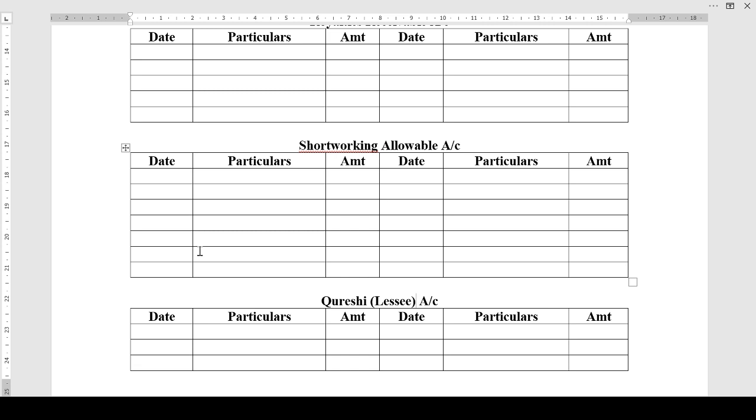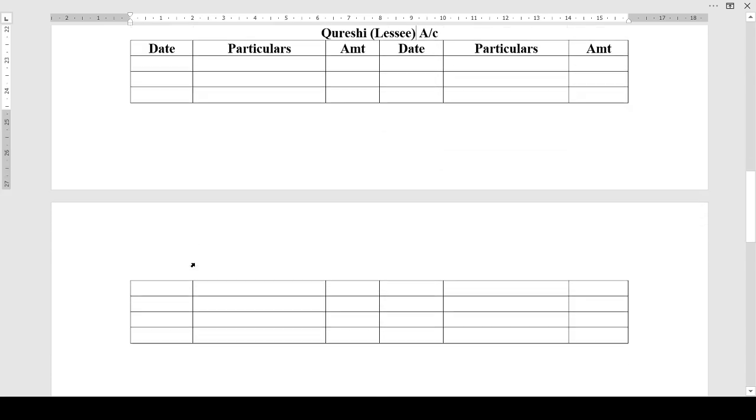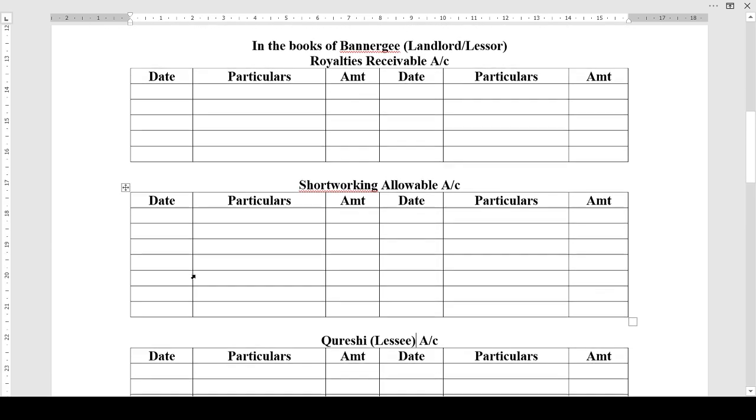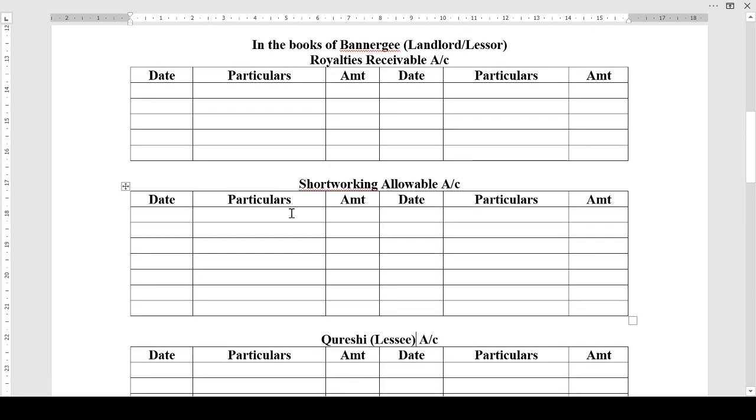When I say one set of entries, learn the entries in the books of the lessee. The books of the lessor is just the opposite. You don't sit and learn it separately. Right now, remember, we are doing it without minimum rent.